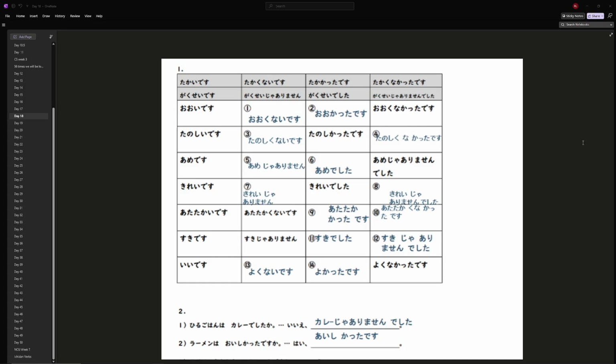For it wasn't clean. Yeah, and I think it'll be better to have an association with kirei as beautiful or pretty, and the reason it's like tidy or clean is because a room can be pretty because it's cleaned up. Because most of the time when you see kirei, it is more so beautiful or pretty.